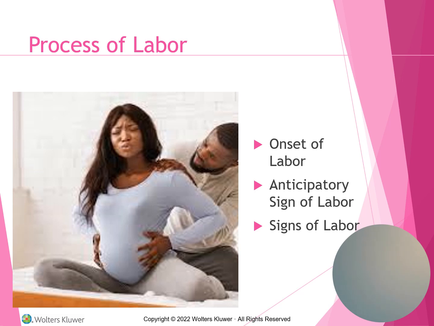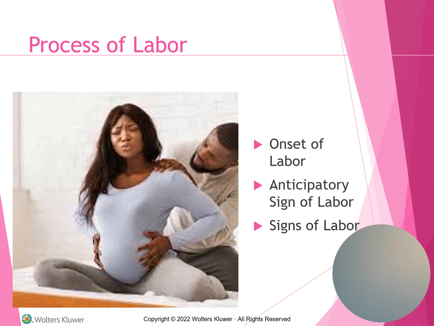There's no single causative factor for the onset of labor that's been determined. It can result from a combination of several maternal and fetal hormones working together, such as progesterone, oxytocin, prostaglandin, and fetal cortisol.